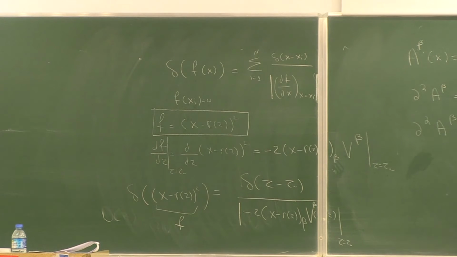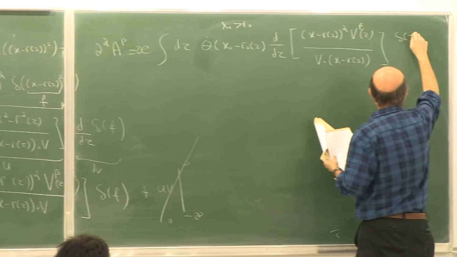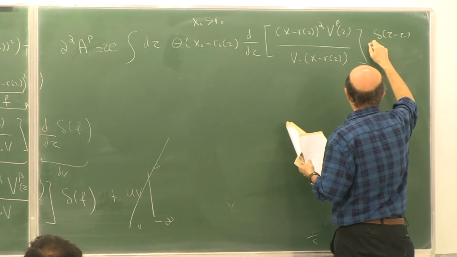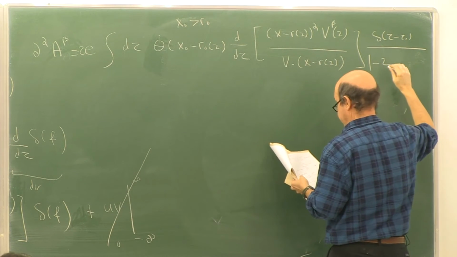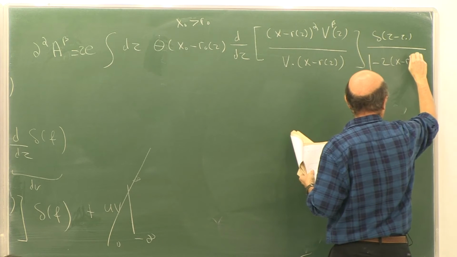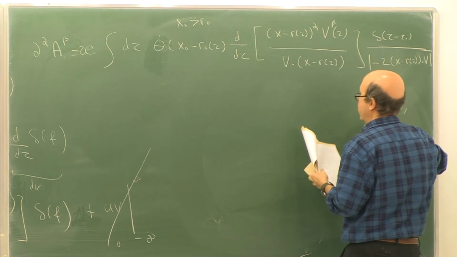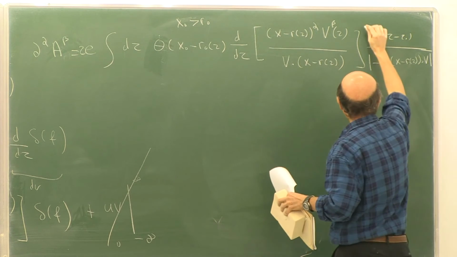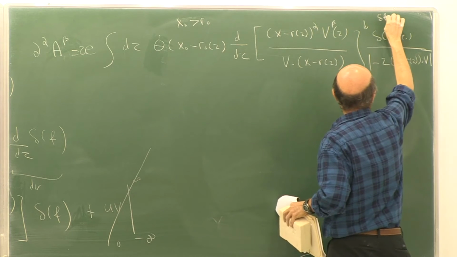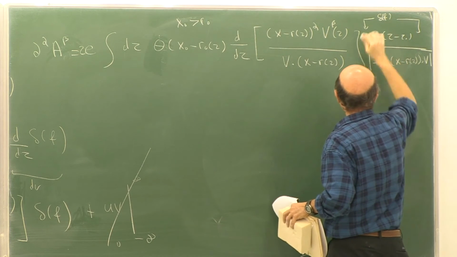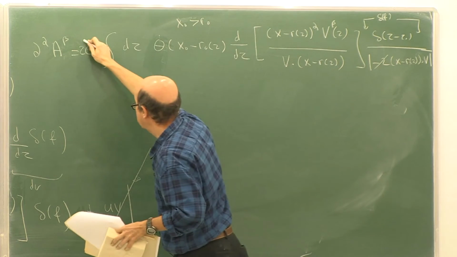So the rest of the term is δ(τ − τ0) divided by the magnitude of 2(x − r(τ))·v in 4 dimensions. Okay, so this piece is nothing but that delta f we calculated in the last hour. So basically now the 2 factors are cancelled out.